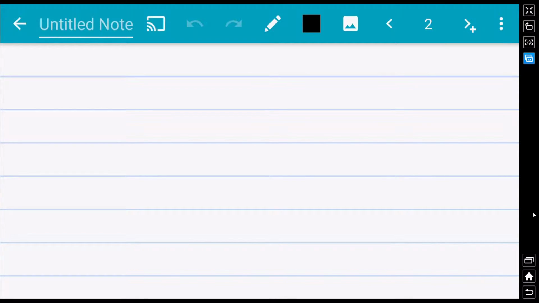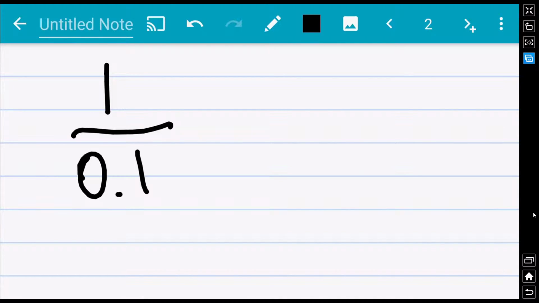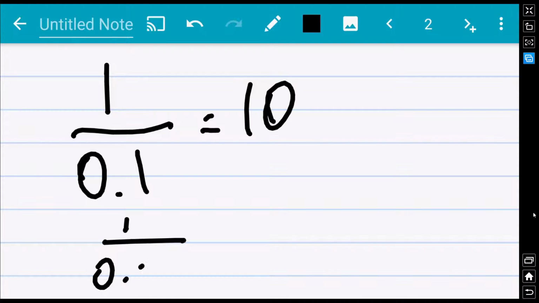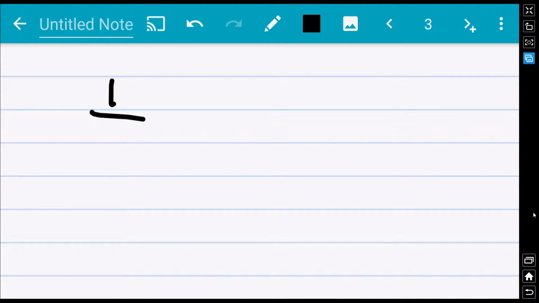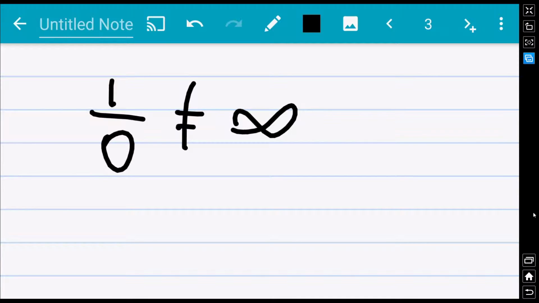Again, because 1 over 0.1 equals 10. 1 over 0.01 equals 100. So if we go really close to 0, we get to infinity. Now we are not saying that 1 over 0 is infinity, because it's not.